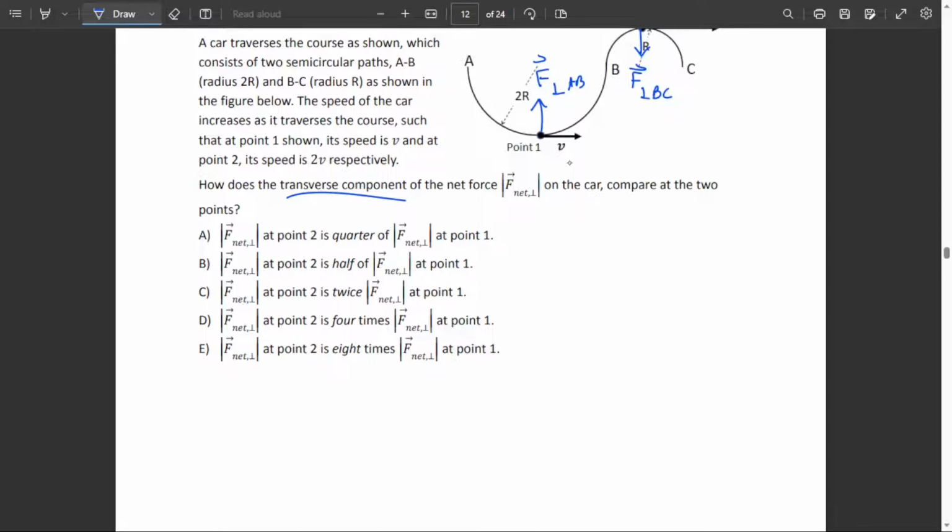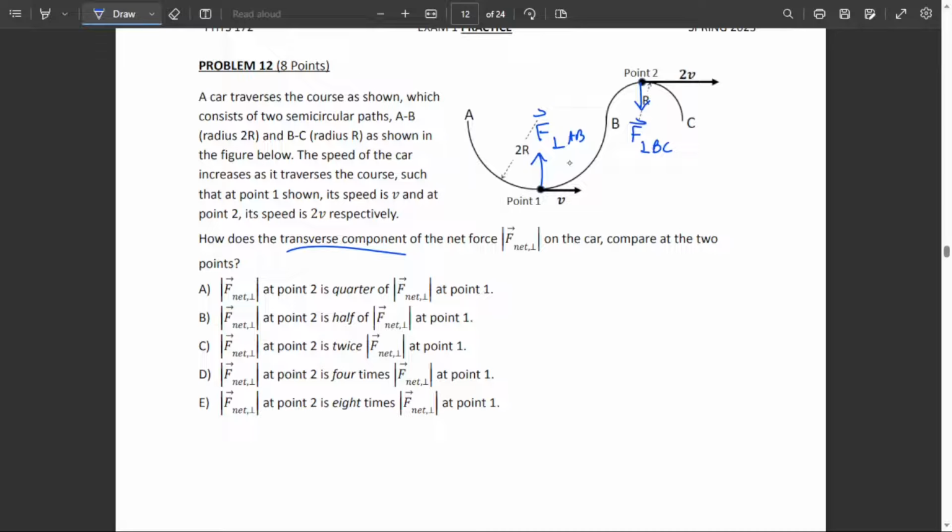The important thing to remember for this question, there's one formula in particular, is that when we have some sort of object like this moving around a point in a circular fashion, this force moving towards the center, this centripetal force, is equal to mv squared over r.